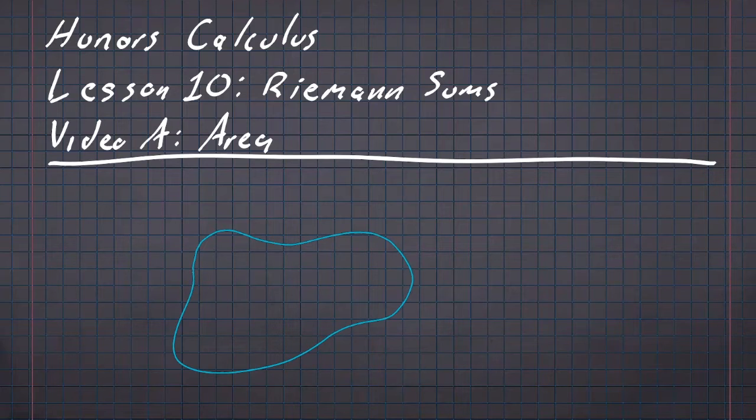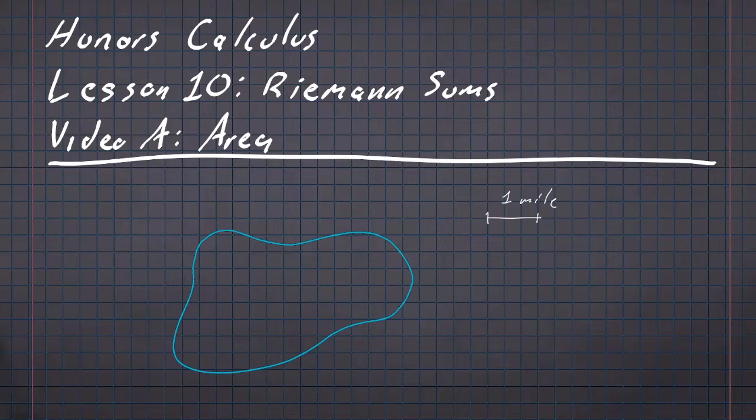And we want to calculate the area of this shape. Our map very conveniently has a key, perhaps, that distance on the map is 1 mile.